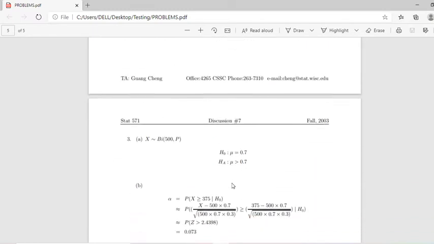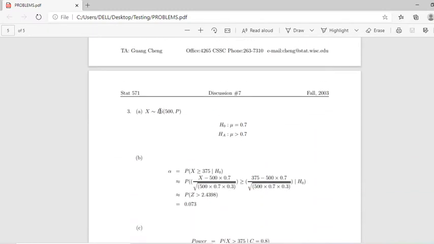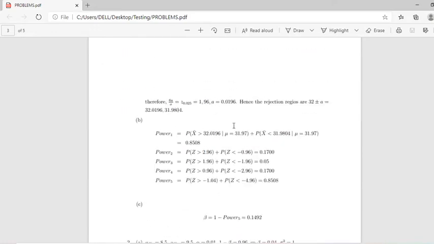So we can consider a binomial distribution for the number of plants in which the insects are eliminated. We have to check whether mu is equal to 0.7, the assumed mean value.